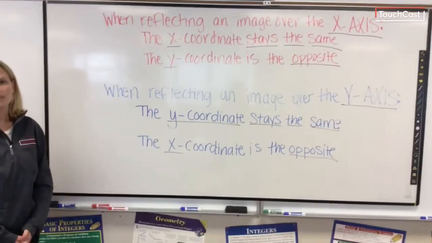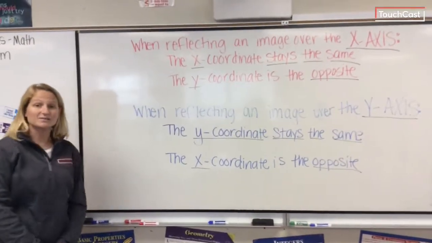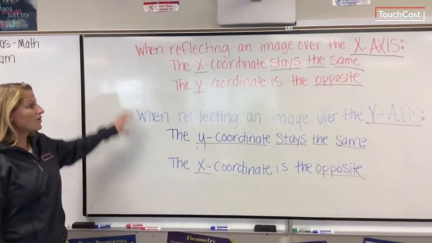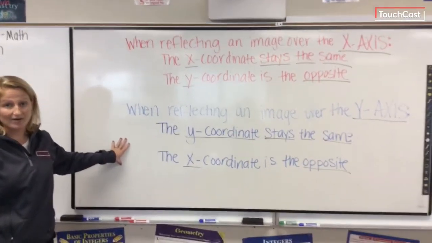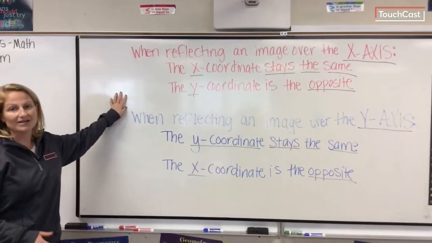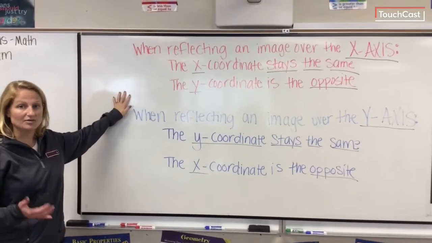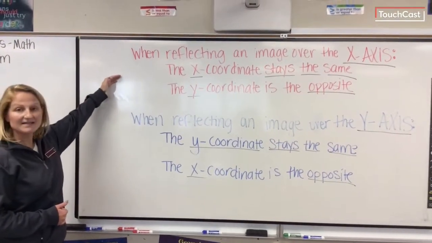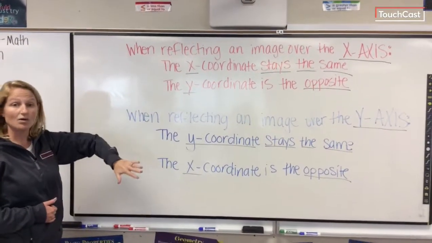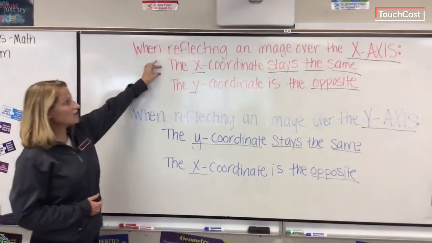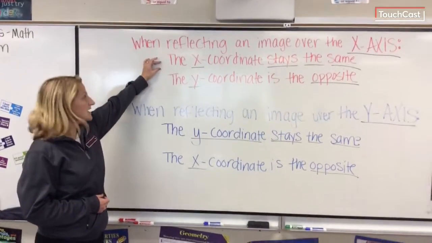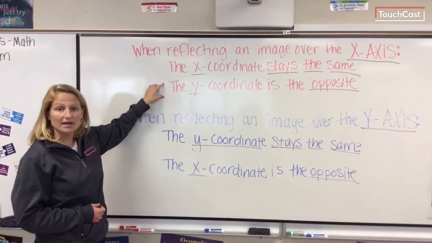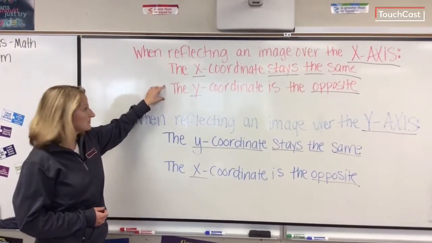Okay, so the next page in your notes is blank. And it's very important that we get these rules down. So even though I already have it written, you can pause the video here so you can see what it says and make sure that you get these notes down. When you are reflecting an image over the x-axis, over the horizontal axis, your x-coordinate is going to stay the same and your y-coordinate is going to be the opposite.